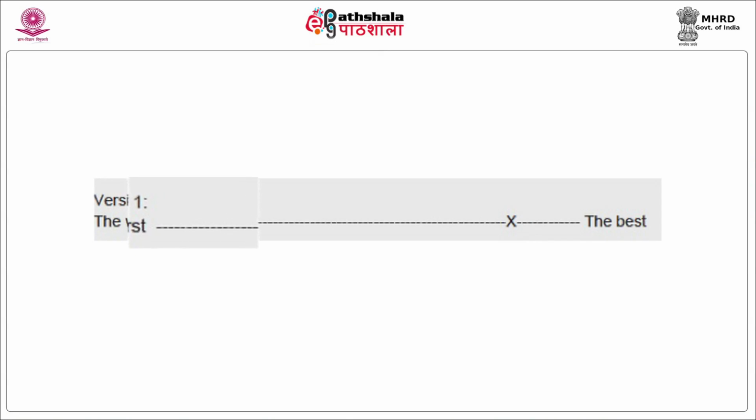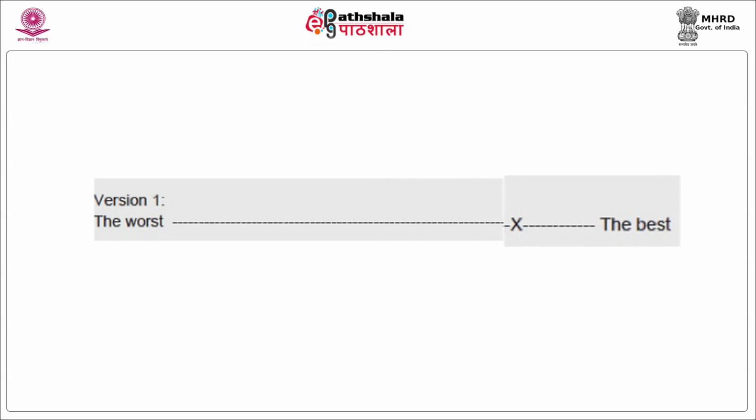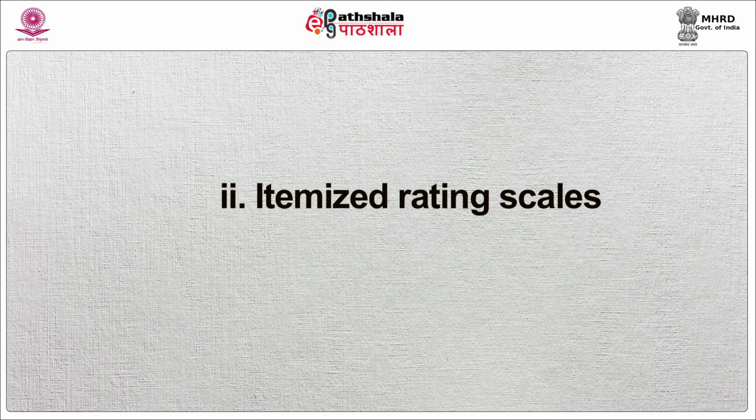This is also known as graphic rating scale. In this scale, the respondents respond to measuring the object by placing a line on the continuum between two extremes. Second, the itemized rating scale like the Likert, semantic differential and the Stapel scales.